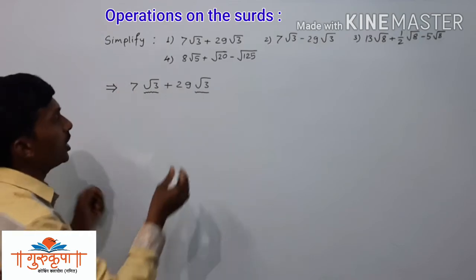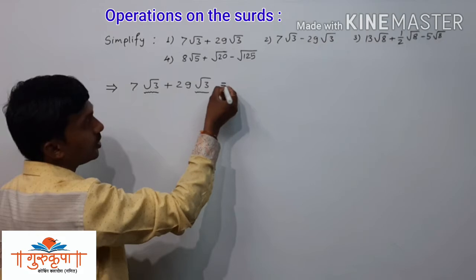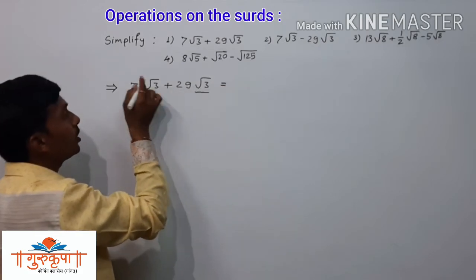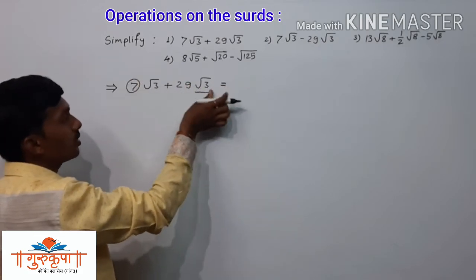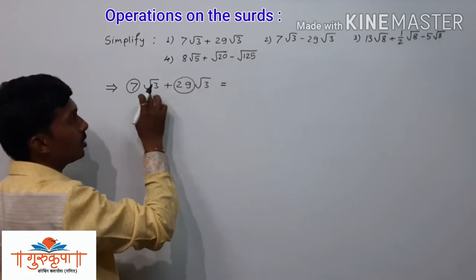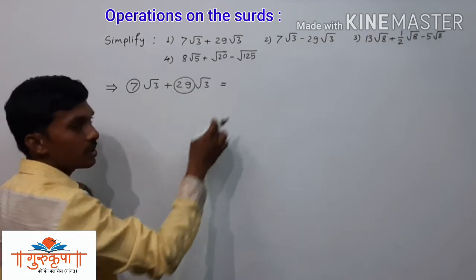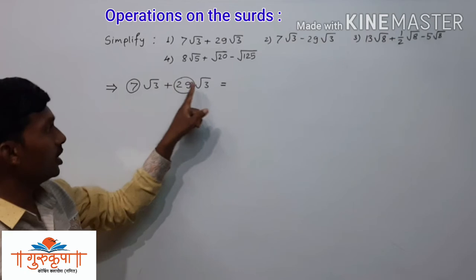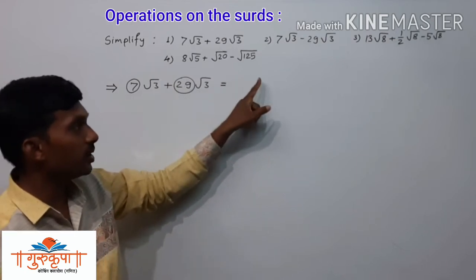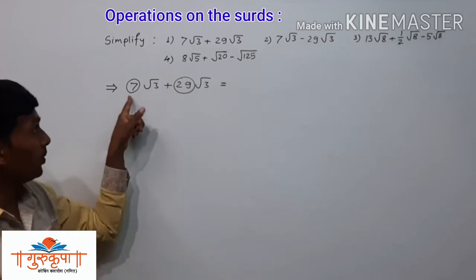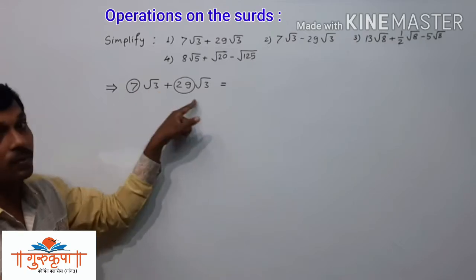Now how to take addition? While taking addition we have to add only the coefficients. This root 3 remains as it is. Here we have root 3, here we have root 3, so root 3 remains as it is. Here we only have to take the sum of their coefficients.